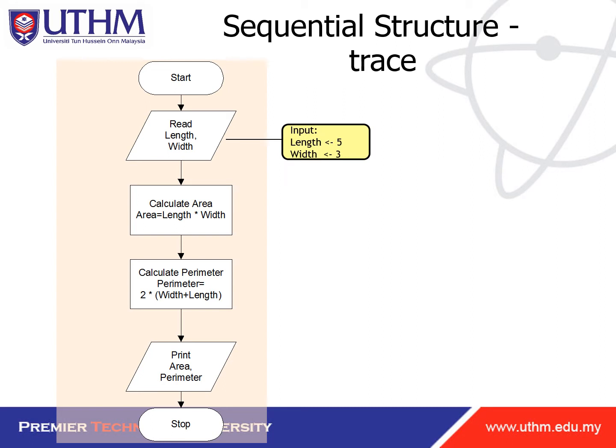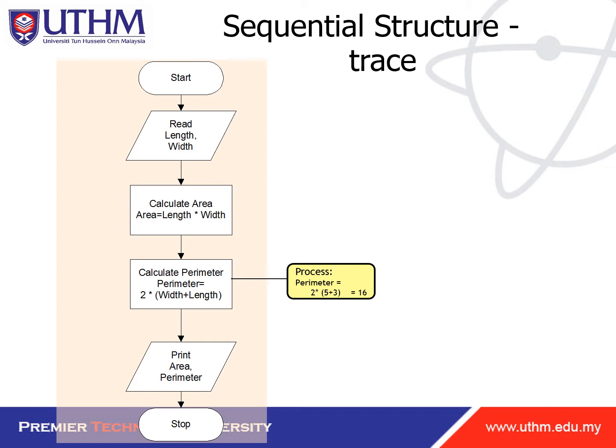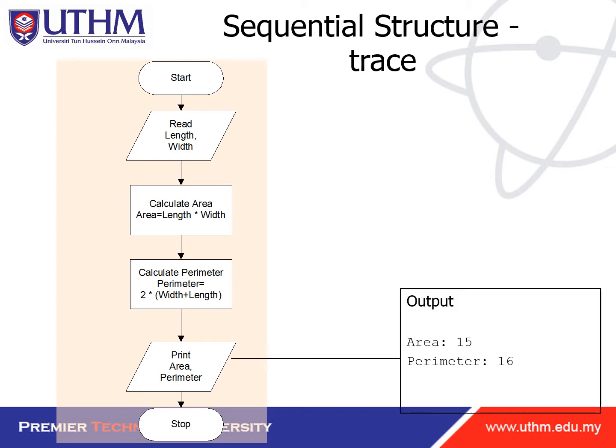This is an example to calculate the area and perimeter. Process: area equals 5 times 3 equals 15, and perimeter equals 2 times (5 plus 3) equals 16. Then print the output: area equals 15 and perimeter equals 16. This is what we call sequential structure, because it is step by step according to the statements.